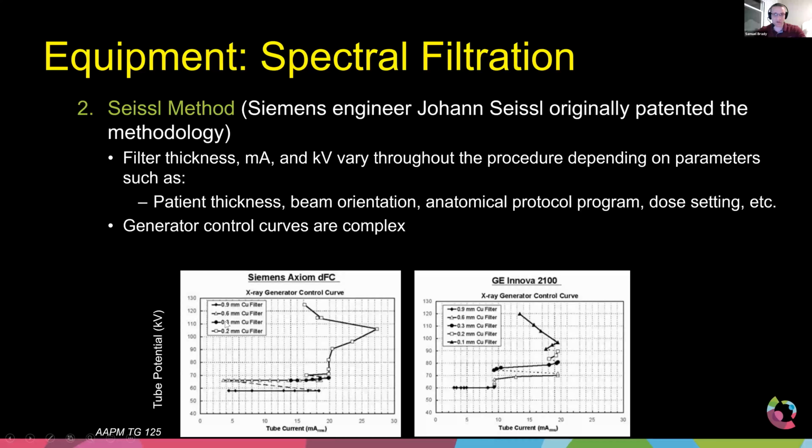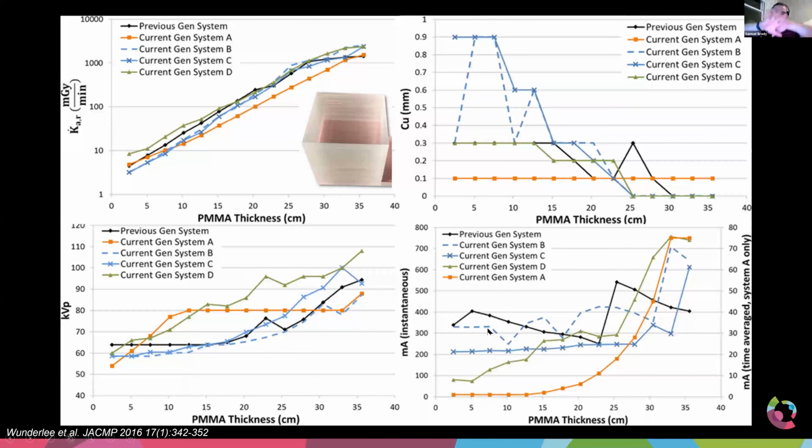So it might go from 0.2 to 0.3. And then 0.3 will work over a short range of mAs and kVs. And eventually it'll change again. It might go up to a 0.6 and 0.9. So it just depends on the size of the patient and the requirement to get the right dose to the detector. The filter selection, kV and mA will change quite drastically.